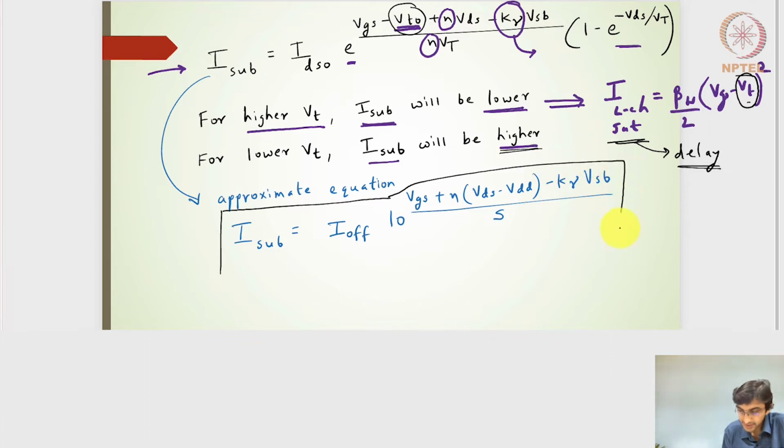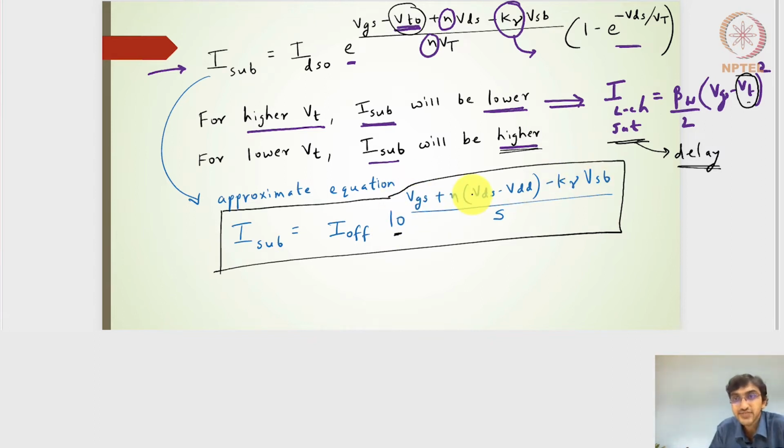I sub is given in terms of I naught, and instead of an exponential e term, it is 10 raised to the power of an expression of VGS, VDS, VDD, and VSB. And then there is another term here, S, which is the subthreshold leakage slope, and I'll come to that in the next slide.